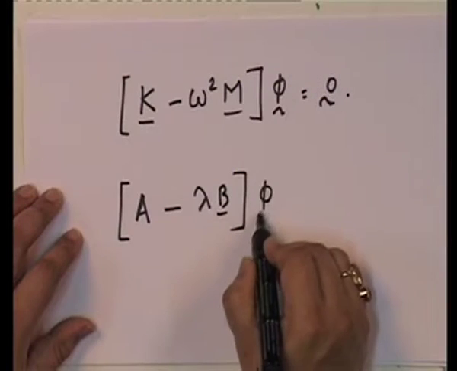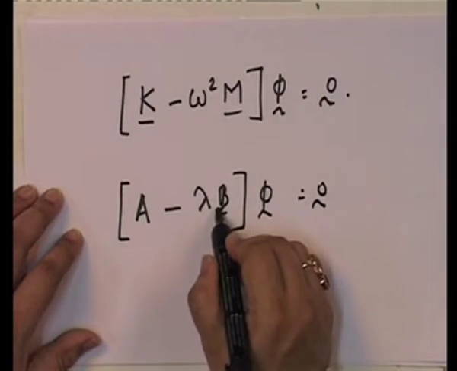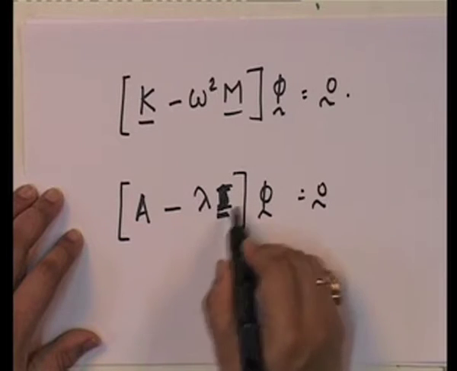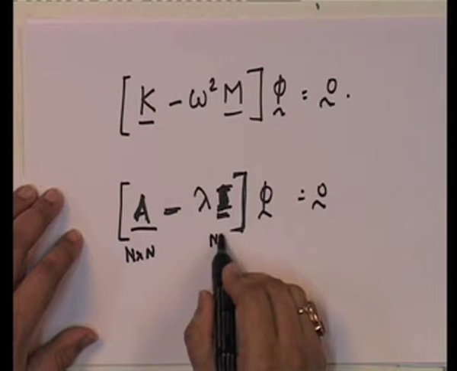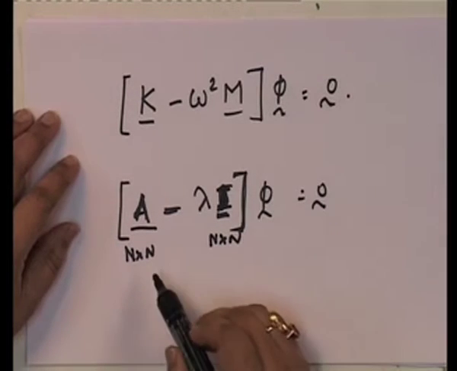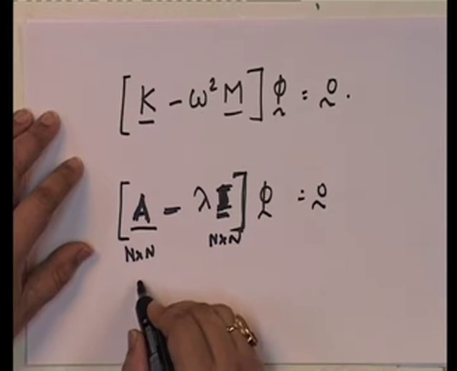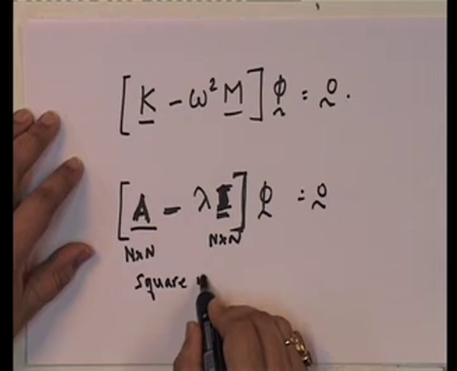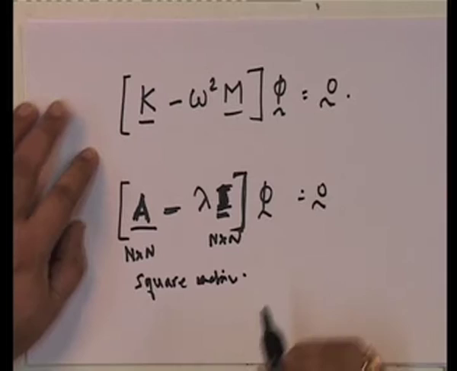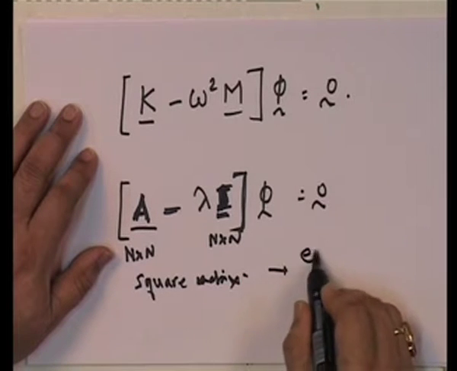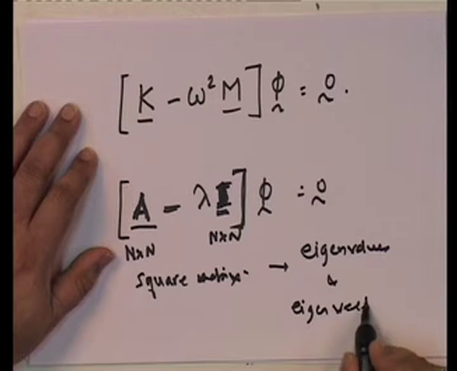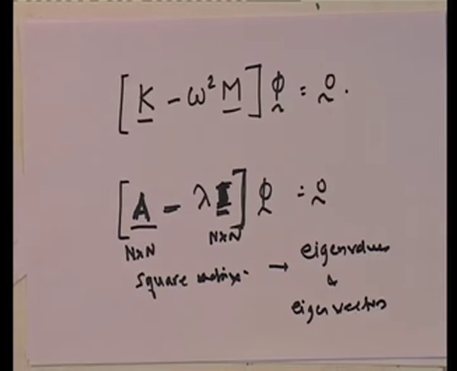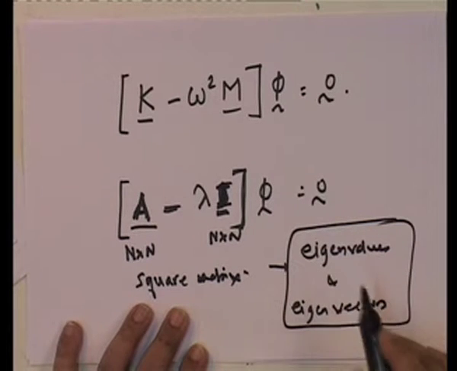If you look at your matrix algebra, remember that for any square matrix A, you were always asked to find the eigenvalues and eigenvectors of this matrix A. And how did I find the eigenvalues and eigenvectors?